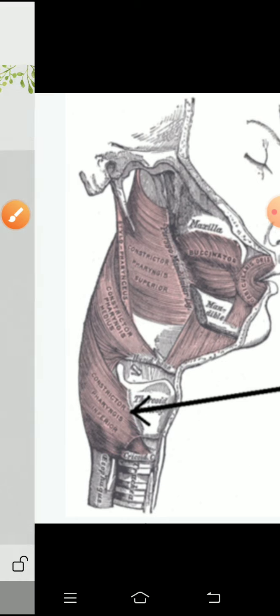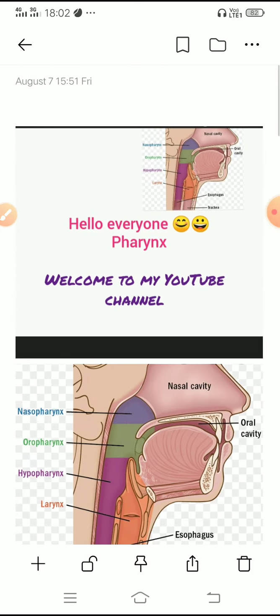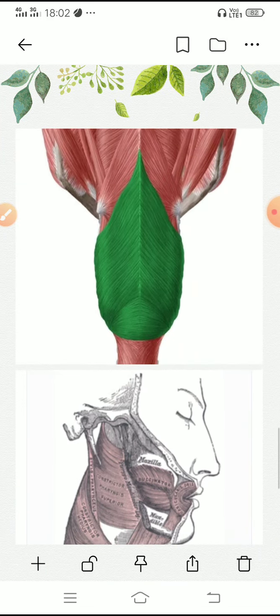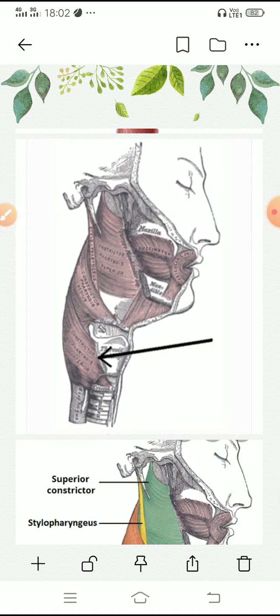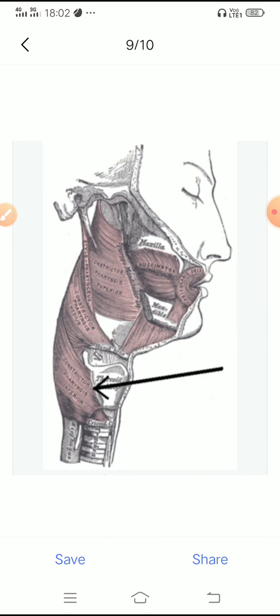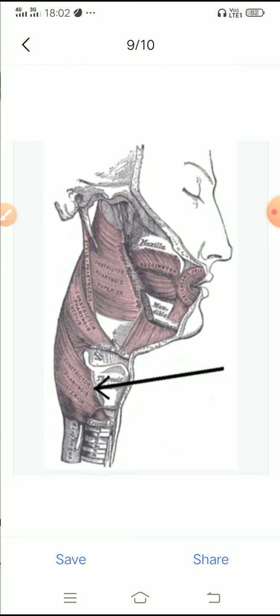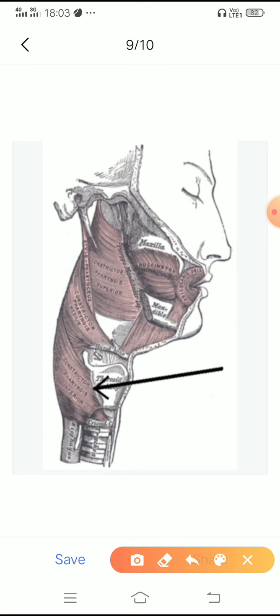The oblique part is from the lamina of the thyroid cartilage, and the tendinous band is from the tubercle of the thyroid cartilage and the cricoid cartilage. This much is the thyropharyngeus part.